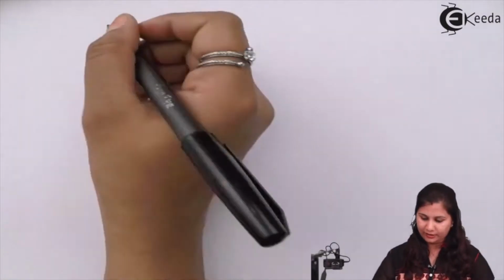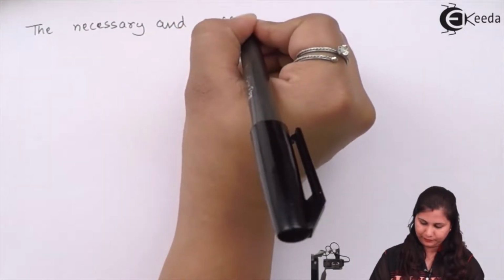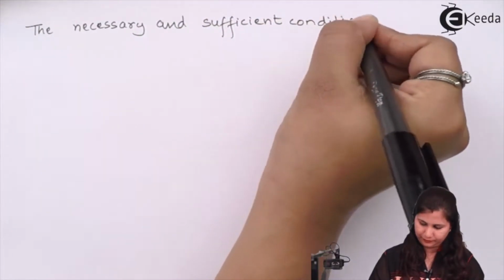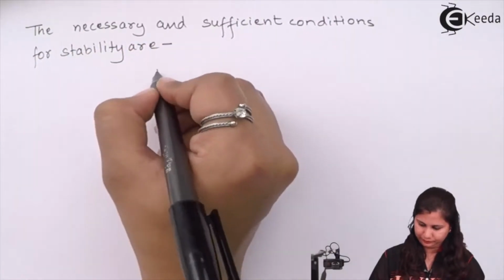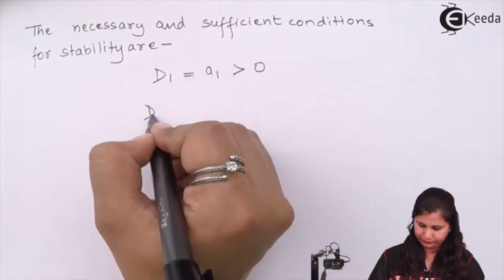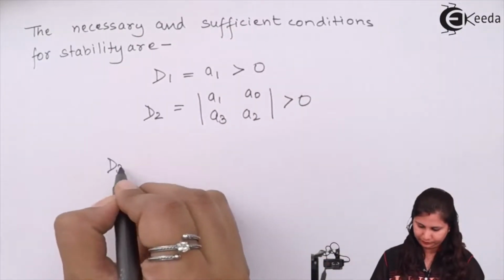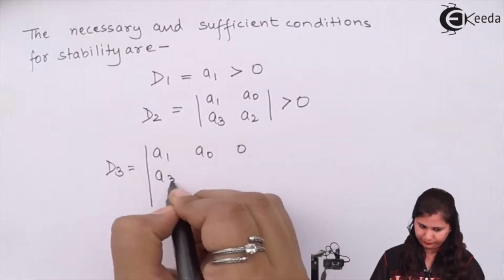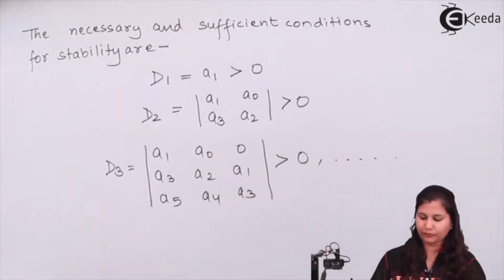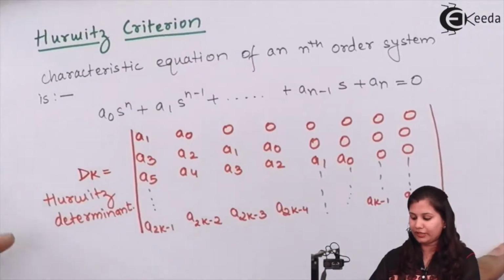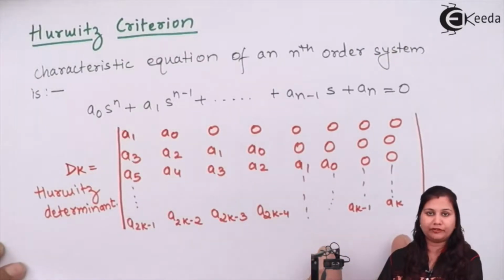So if you write it, that was the generalized arrangement of the Hurwitz determinant, in which we take different determinants.